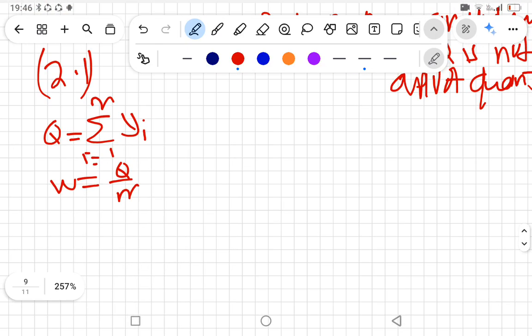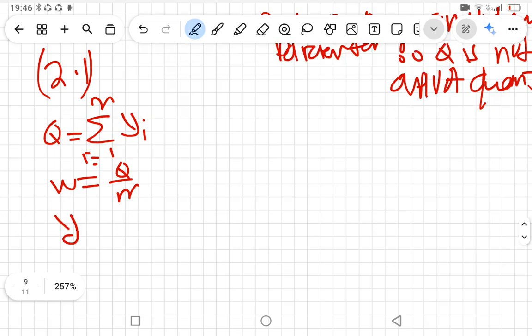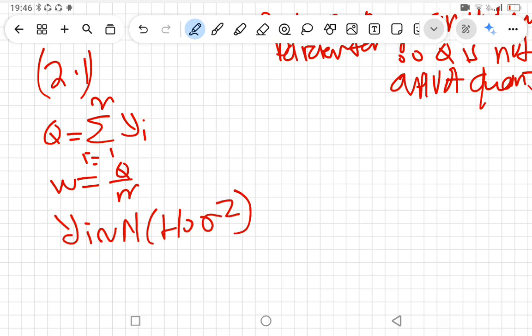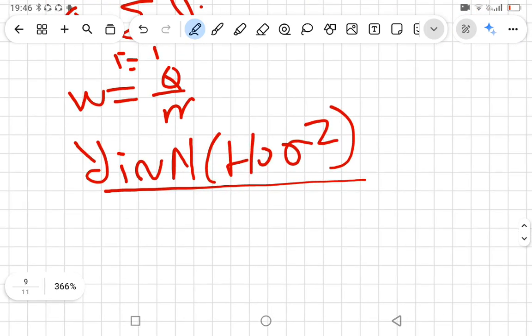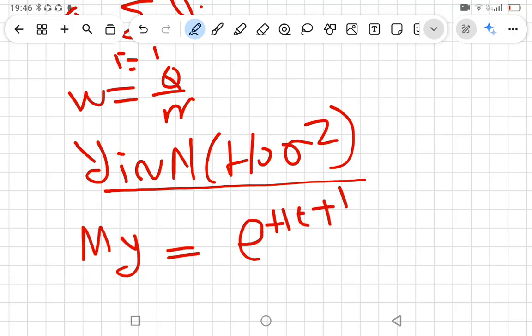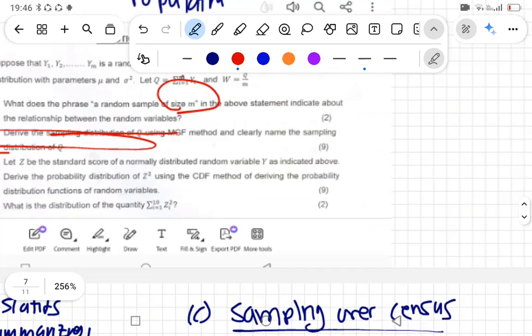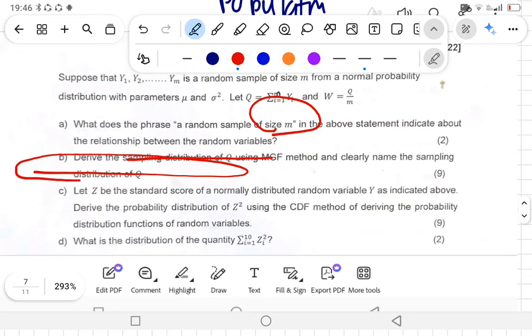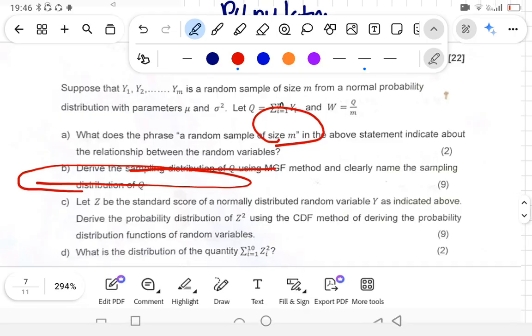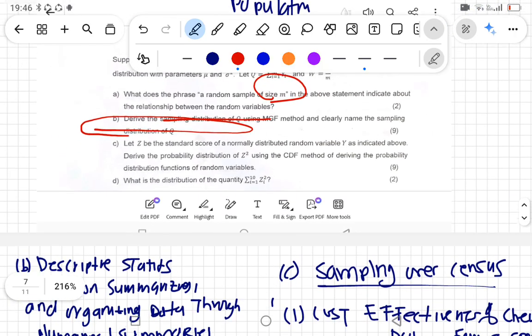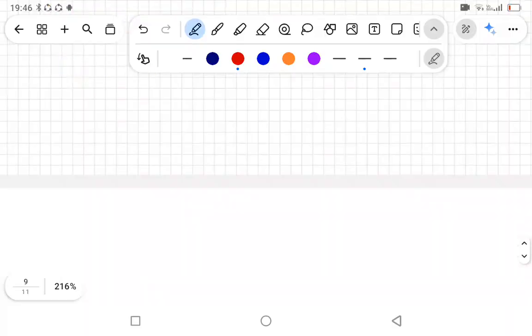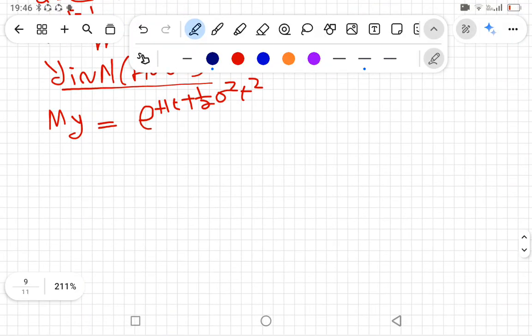We notice that Y will be normally distributed with mean mu and variance sigma squared, and the MGF of Y will be e to the power mu t plus half sigma squared t squared. We must show the relationship between the random variables. What does the phrase a random sample of size M mean?